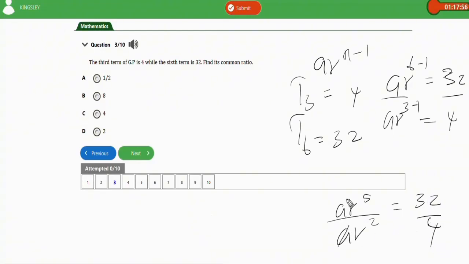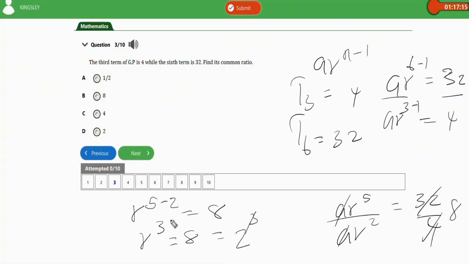The a cancels the a, and 32 over 4 is 8. By the law of indices, when the bases are the same and you divide, you subtract the powers. So we are left with r^(5-2) equals 8, which is r cubed equals 8. Remember, 8 is the same thing as 2 to the power 3. So at this juncture, you cancel the powers.